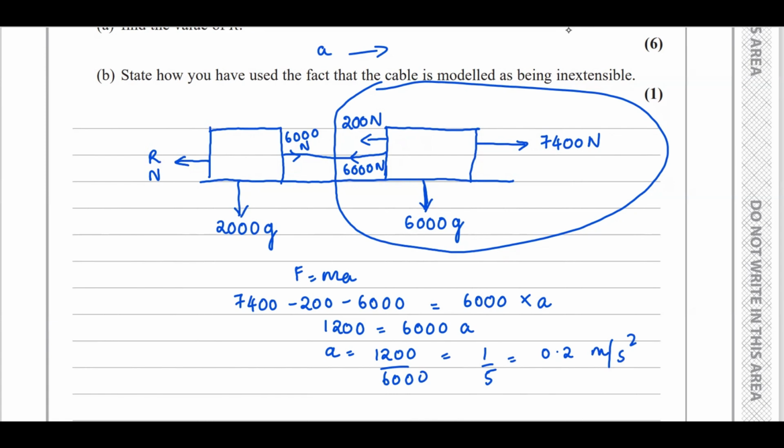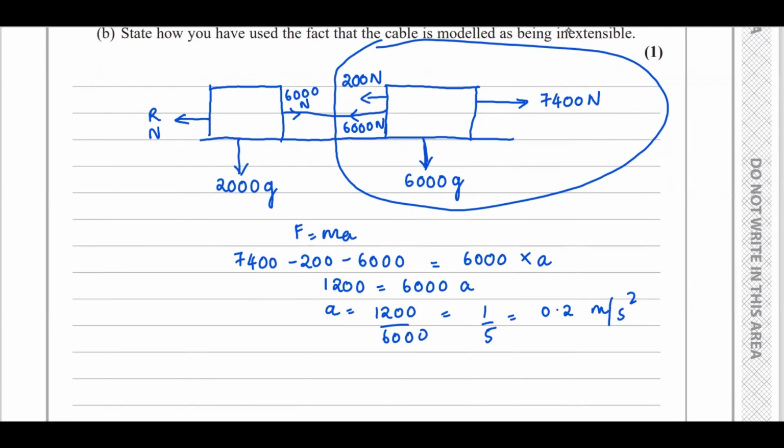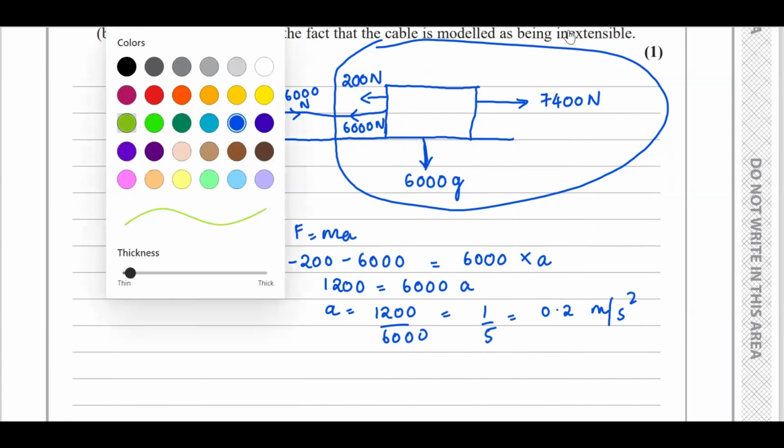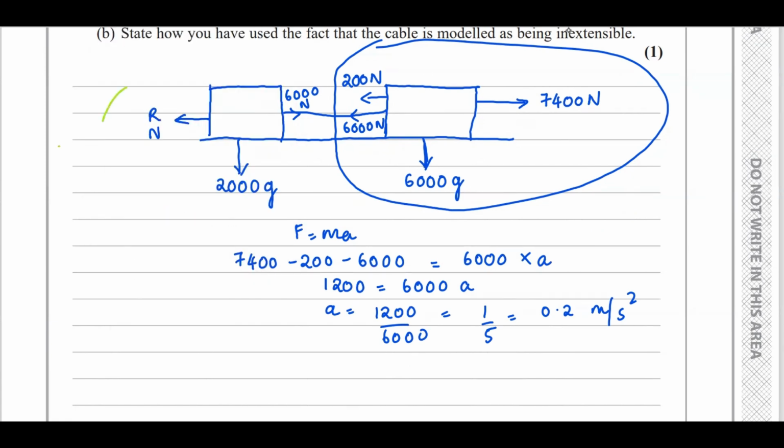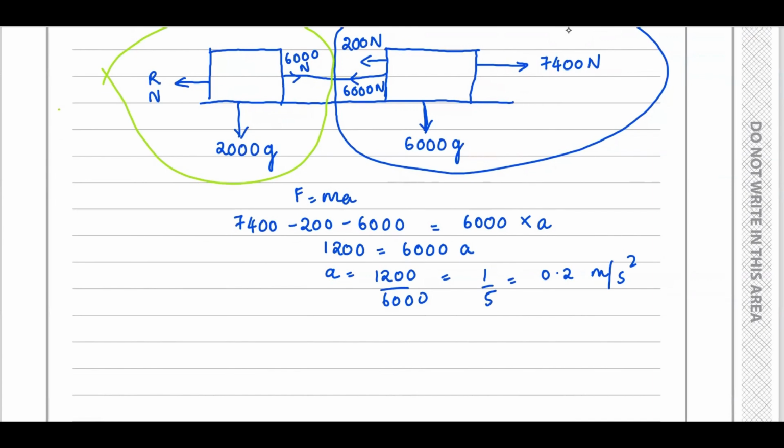Now the question is to find out the value of R. So to find out the value of R, I'm going to use another color here. So I'm going to take this portion of the block, and now we are going to use the same property. We are just going to use F is equal to ma for the first part of the diagram, which is for the block.